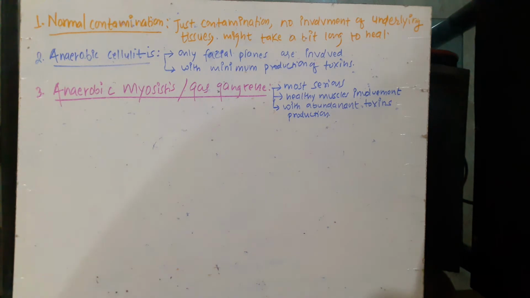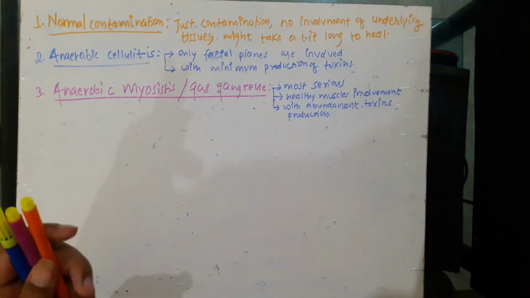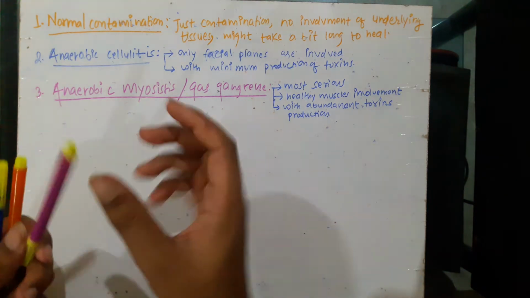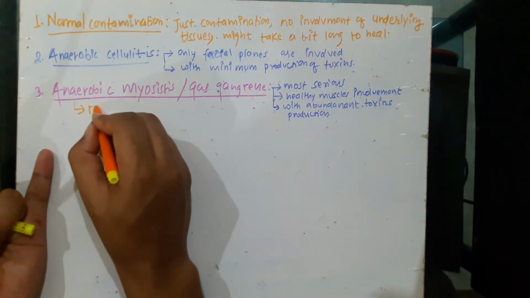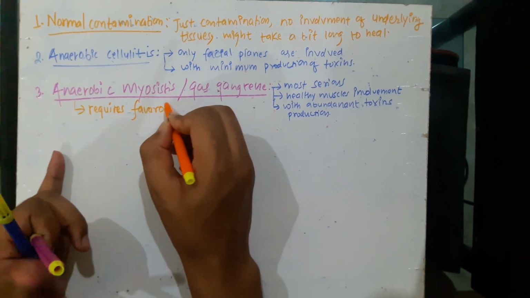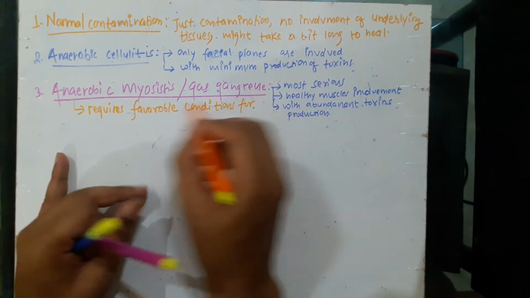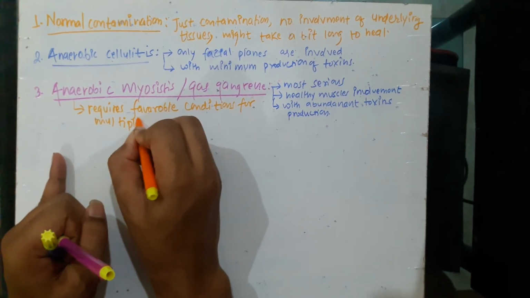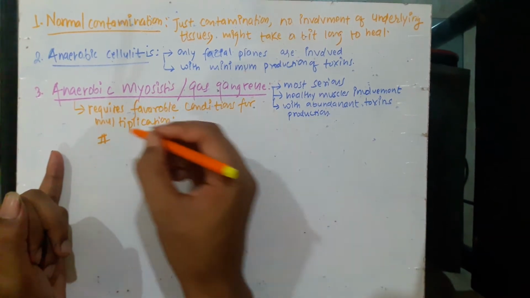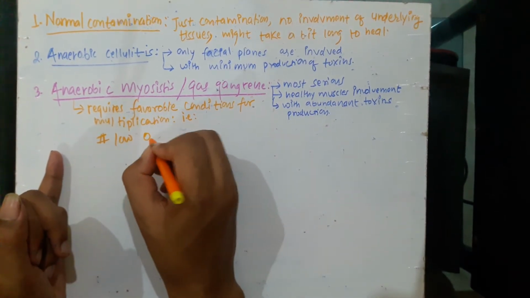To multiply, Clostridium perfringens requires favorable conditions, and one among them is low oxygen tension.